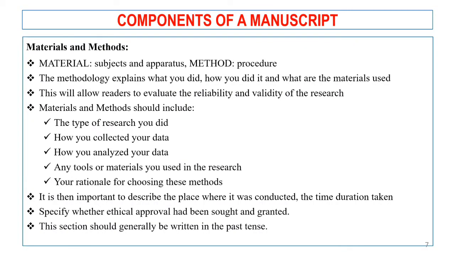You have to mention in the materials and methods part, and specify whether ethical approval had been sought and granted. That means for doing any animal studies, or for doing any research related to human beings, you need permission from the ethical committee.